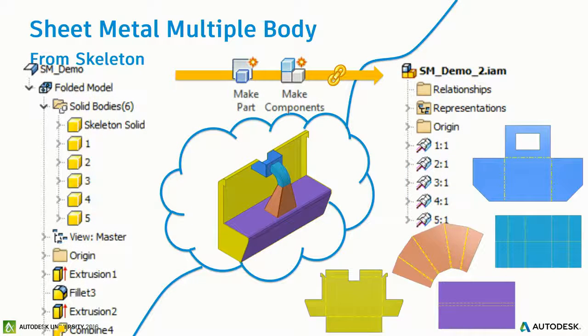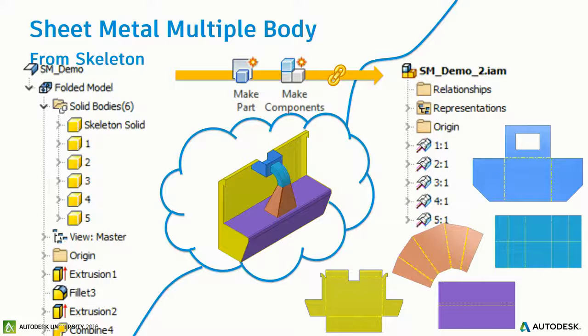So this is the same workflow as the last one, the one from scratch. When you make the multi-body design in a part, you use Make Components or Make Parts to make them single sheet metal parts and do flat pattern drawings in this workflow.